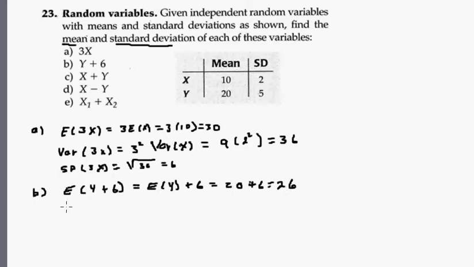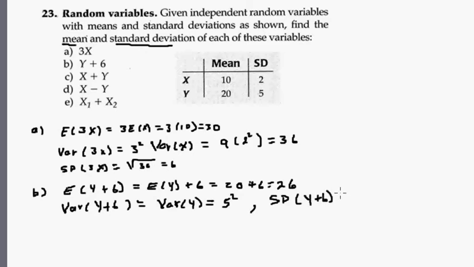Okay, and now the variance, this is interesting, the variance of y plus 6 is just the variance of y. So that's just 5 squared. So the standard deviation of y plus 6 is just the square root of 5 squared, so that's 5.